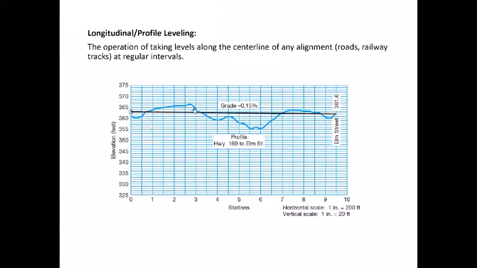So this is the land profile, this is a sectional view, and then you can decide what should be the elevation of your road and what should be the slope of the road. You decide the elevation of the road in such a way that the amount of soil that you have to excavate is equal to the amount of soil that you have to fill up. That really economizes the project. So this process is called longitudinal or profile leveling.